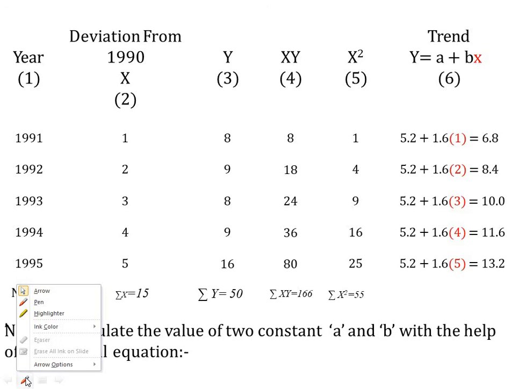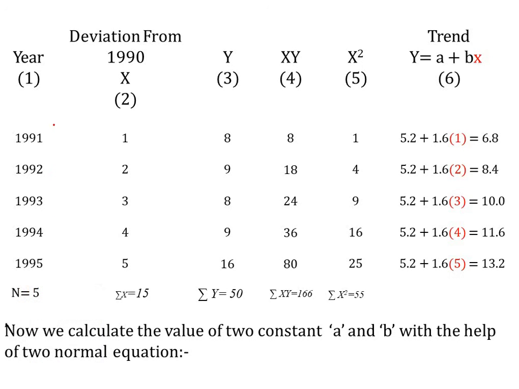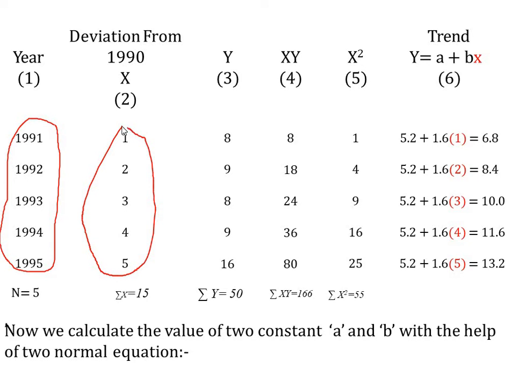Now in the table, x values are given as time period, but instead of taking the actual years I will be taking relative measurements as x values, because taking 1991 and 1992 as complete years, the computations will be hectic.